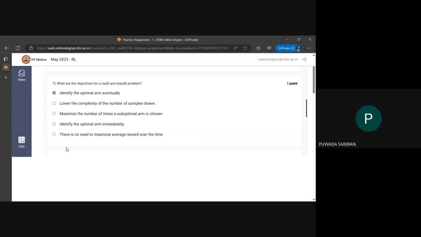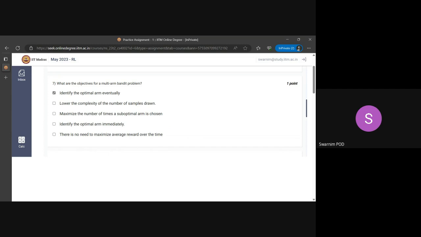I think maybe options 1 and 2 combined make the same thing. What do you mean by complexity of the number of samples? The algorithms that have been covered in the lectures do not directly give you numbers. The number of times we need to pull the arms is bounded by some complexity, some expression.